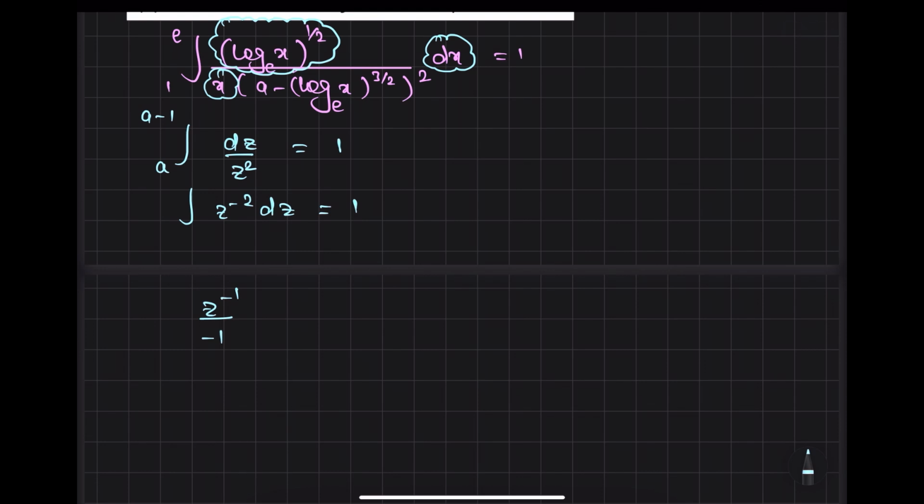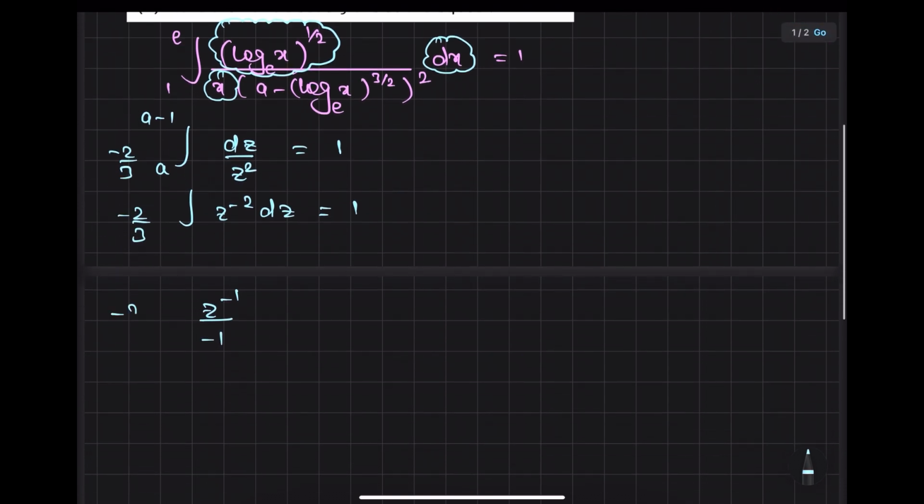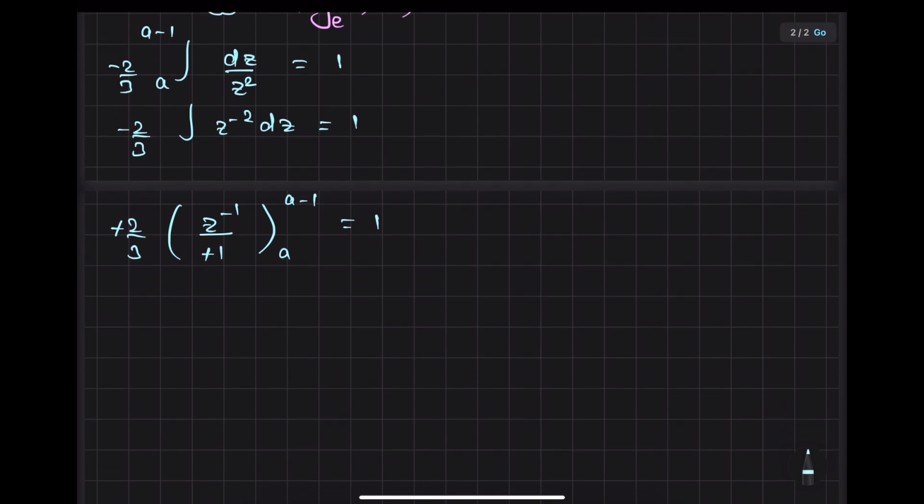And there was that number, minus of 2 by 3, so this minus is gone. Now we can place the limit from a to a minus 1 equals 3 by 2. Let's do the simplification: minus 1 by z, lower limit a, upper limit a minus 1, equals 3 by 2.